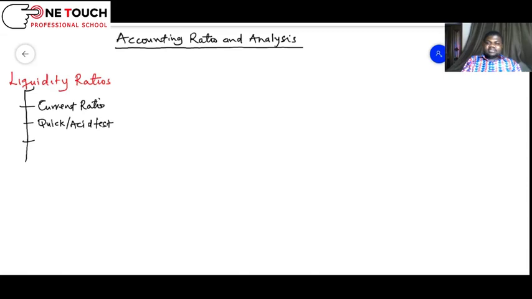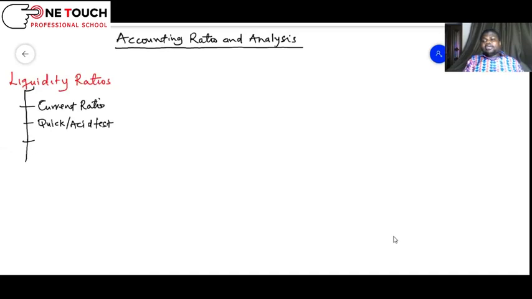Then we have the periods, those periods that we know. You understand the aspect of all the periods that we know. So the periods, we have the inventory turnover. Don't forget that the liquidity ratios that we are referring to here, others will call them other names, but they are still liquidity ratios.